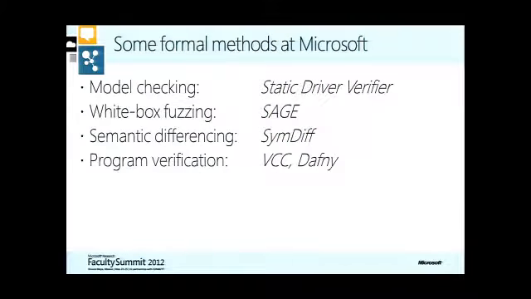But first, to set the context, at Microsoft, there are several formal methods that are being used, formal program verification techniques that are being applied in software development. One of them is the model checker SLAM, these days called the Static Driver Verifier, that we heard about in Tony Hoare's talk yesterday.